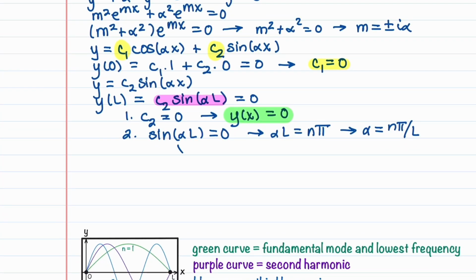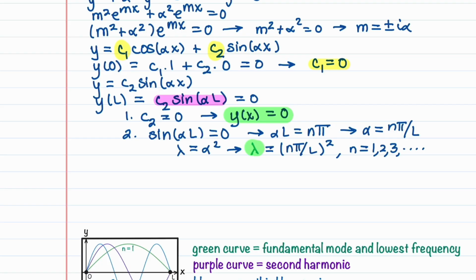So we have lambda is alpha squared, and that tells us that lambda, remember that is our eigenvalue, is equal to (n pi divided by L) quantity squared. Since n is squared, we can just say that n is equal to 1, 2, 3, and all the integers after that. I didn't include that n is equal to 0 because that's our trivial solution.